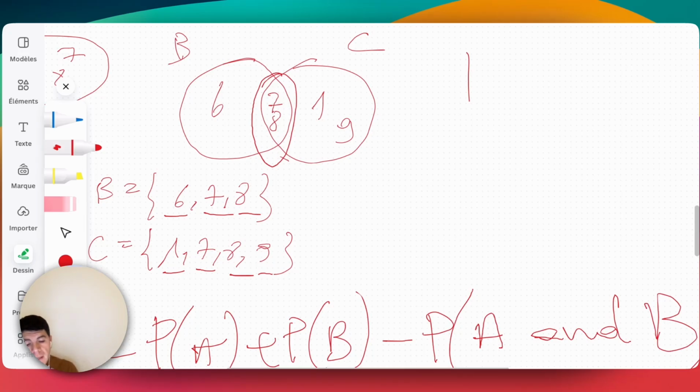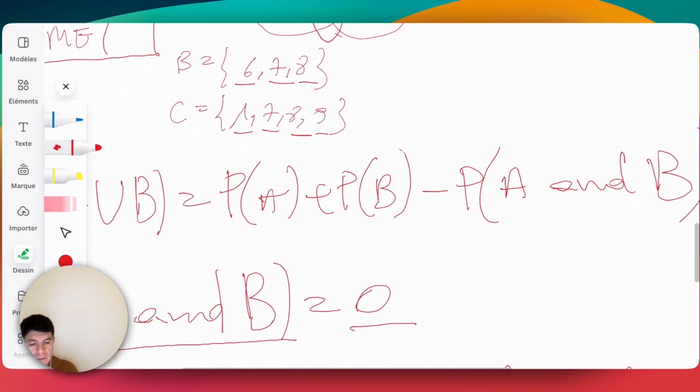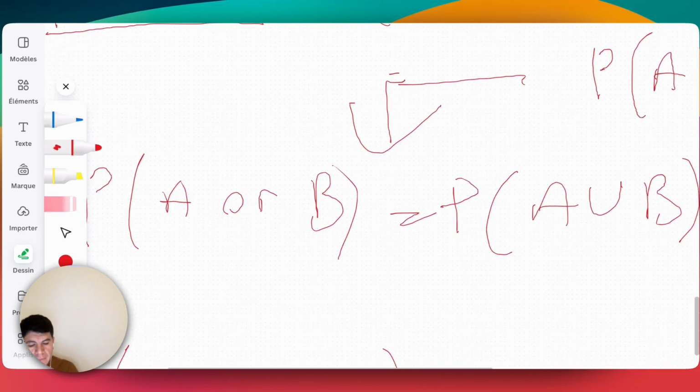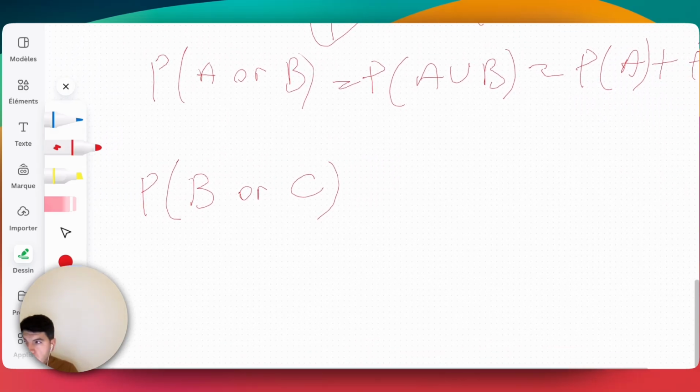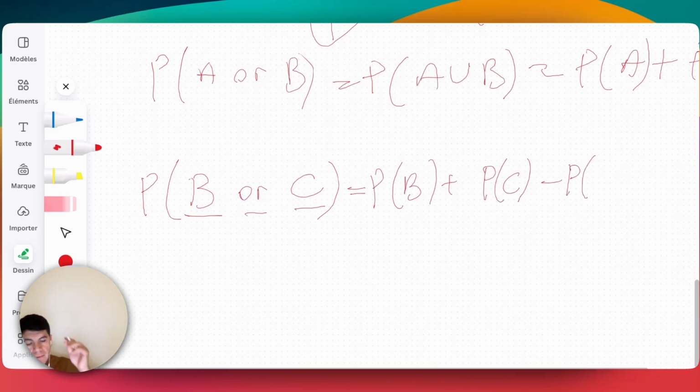So B and C are not mutually exclusive, which was the case for A and B. So to calculate the probability of event B or event C happening, we take the probability of event B plus the probability of event C minus the probability of event B and C.